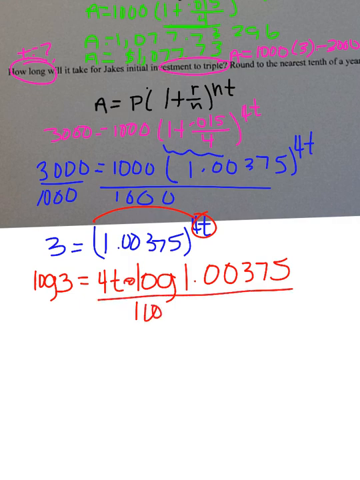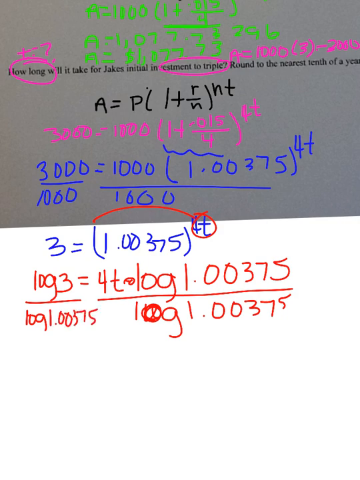Solving for t, that's times in here, so divide by log 1.00375. So get your calculators.